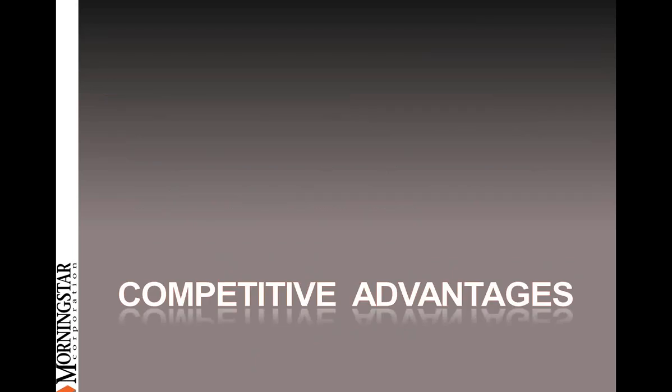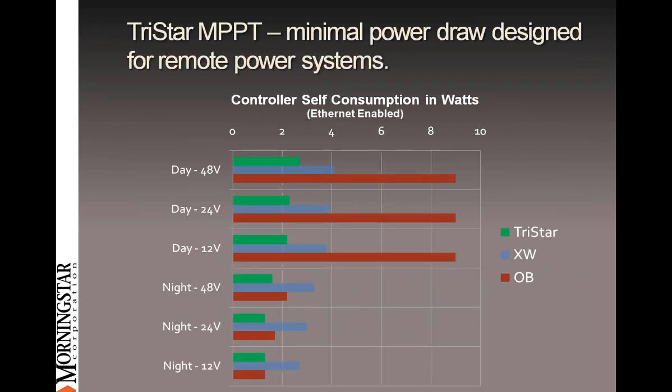So, competitive advantages. Let's talk about self-consumption. This is really important because the amount of power that the controller draws itself to get its own electronics powered up is extremely important. Also, this is the consumption you're going to draw during the night. So you don't want to drain the battery all night when your job is actually to charge the battery.